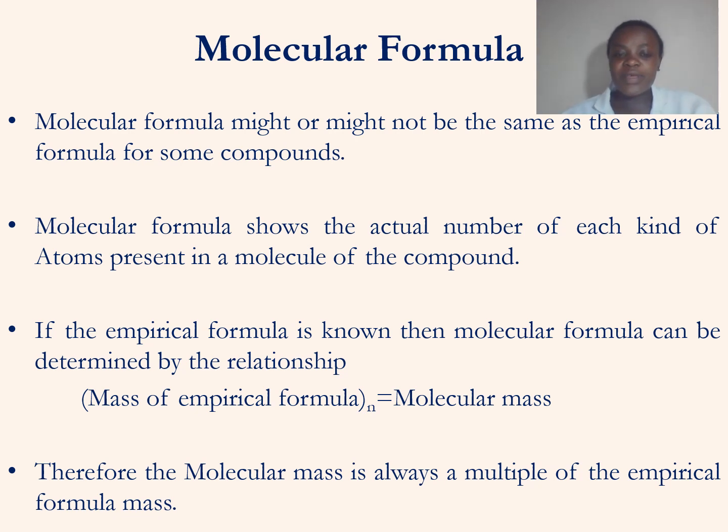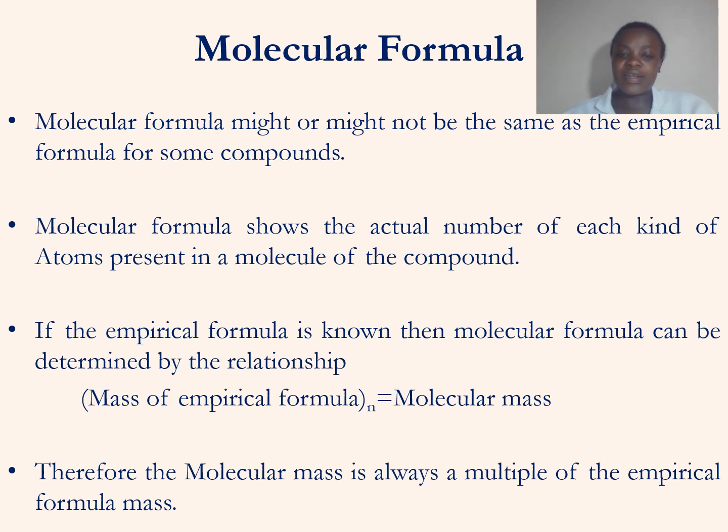From there we get the mass of the empirical formula, which we multiply by a certain number to get the molecular mass. If the molecular mass is given, it is very easy to get the molecular formula. Therefore, the molecular mass is always a multiple of the empirical mass, so we multiply the empirical mass by a certain number to get the molecular mass.